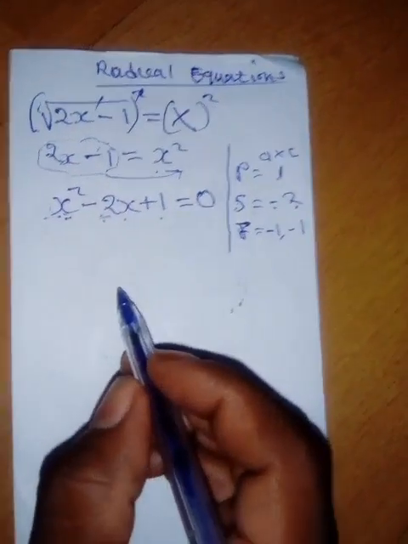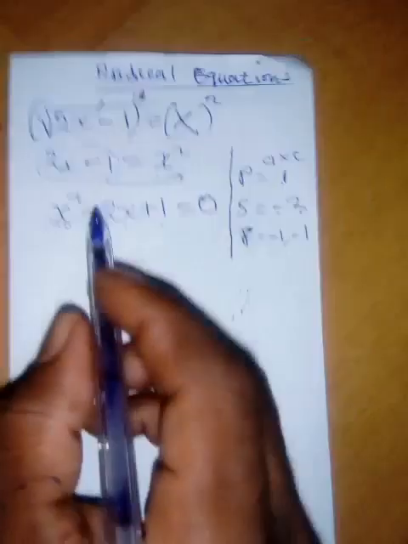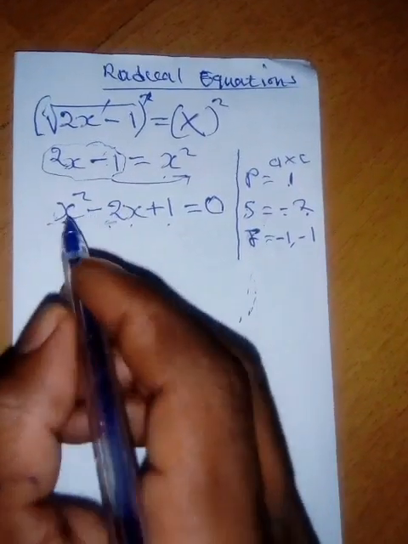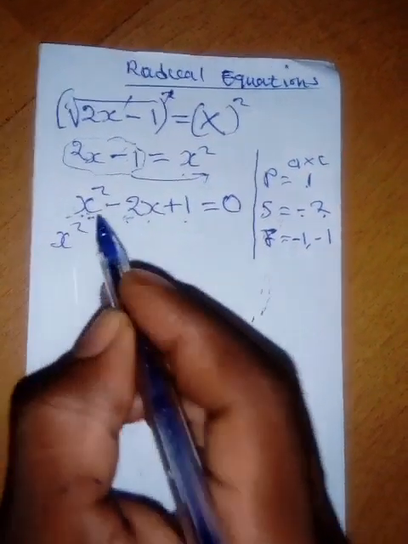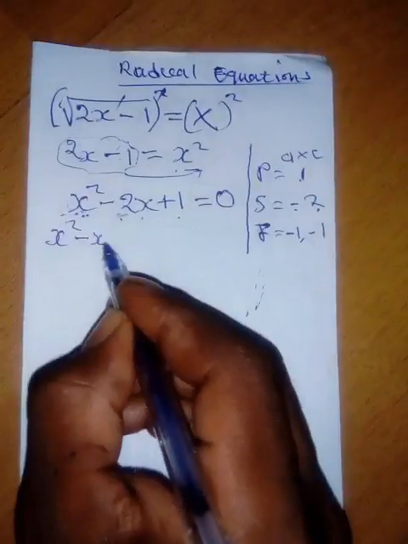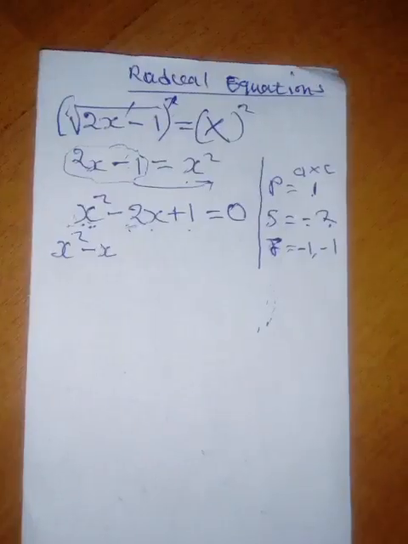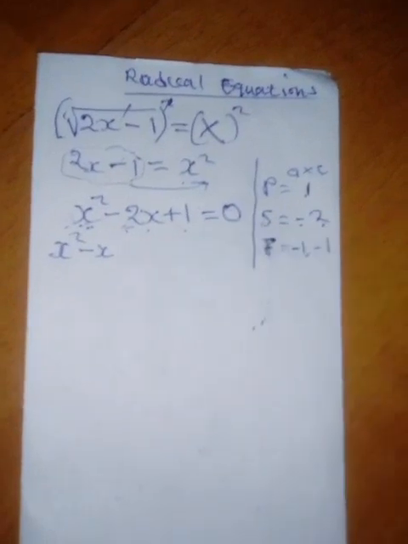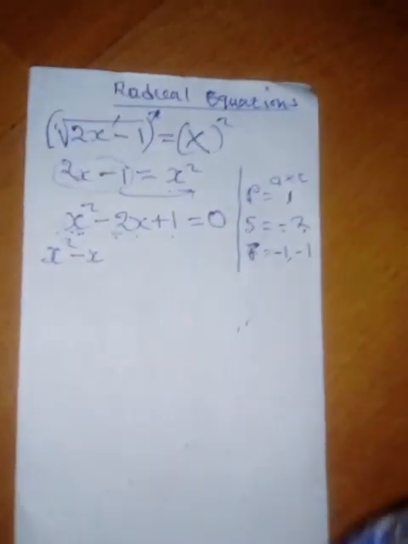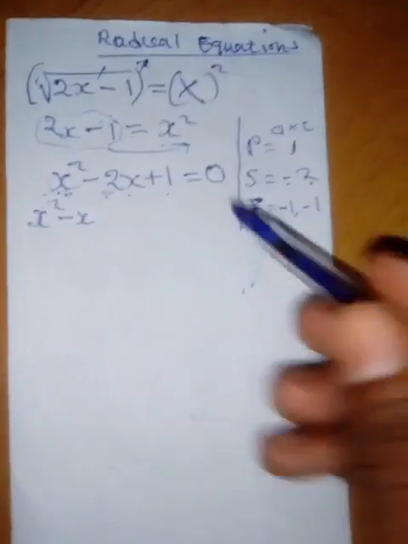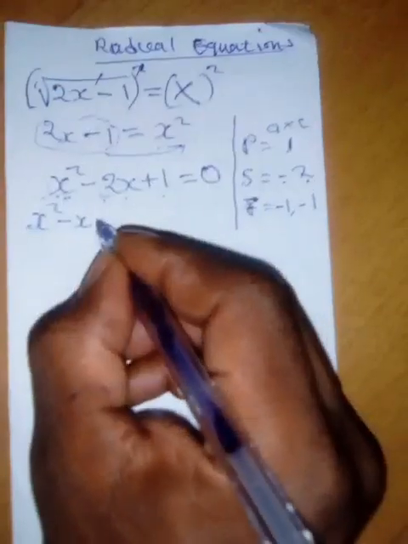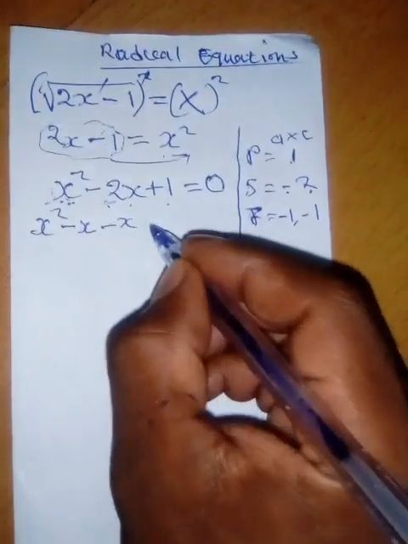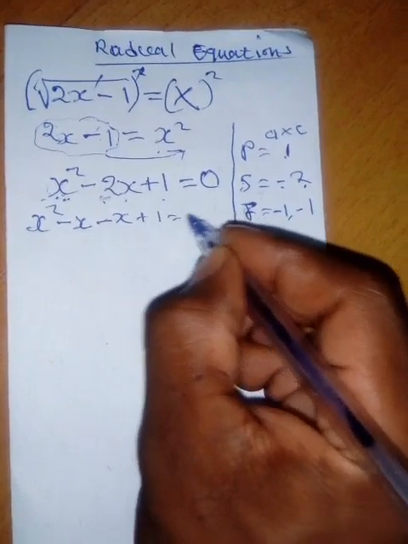So I'm going to substitute this where there's a negative 2. So x squared minus x, I'm not going to write 1x because a variable means it has a coefficient of 1 in front. So minus x again, then plus 1 equals 0.